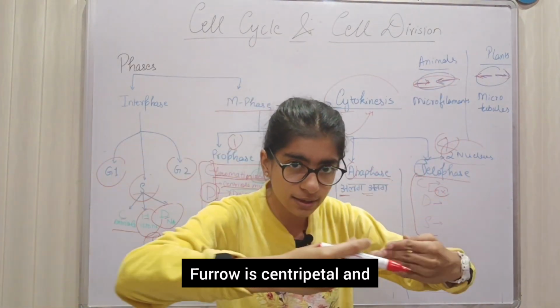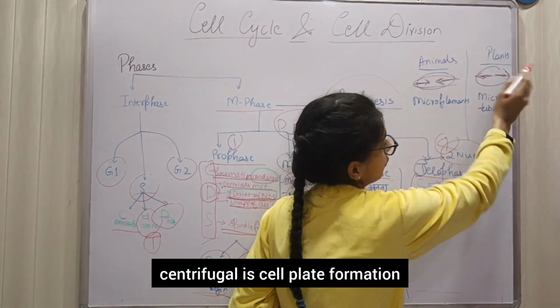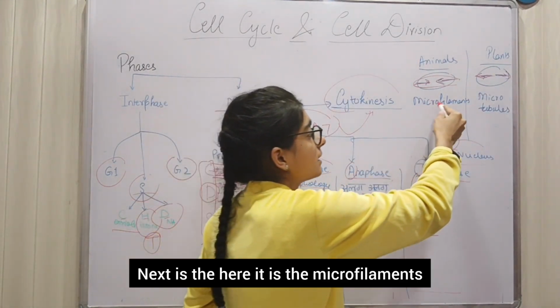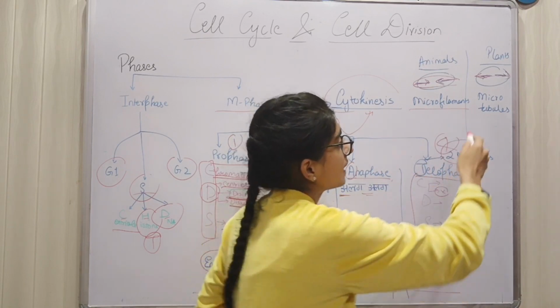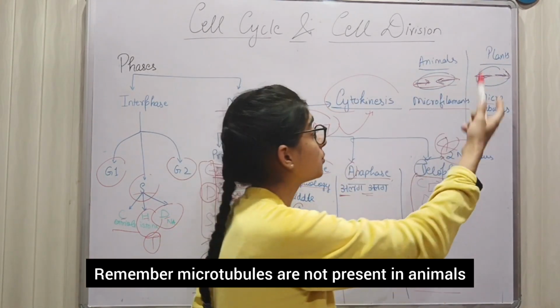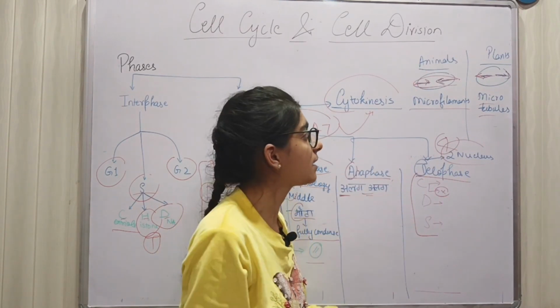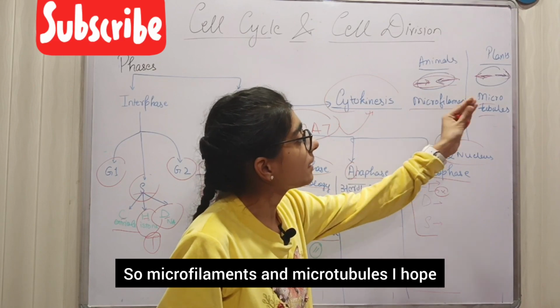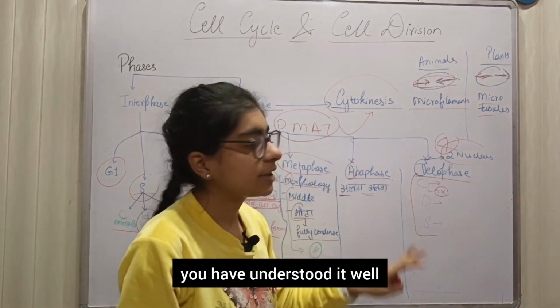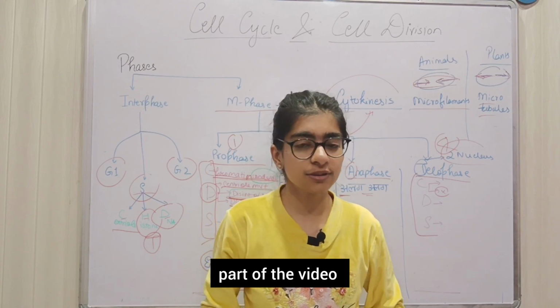Furrow is centripetal and centrifugal is cell plate formation. Next, here it is the microfilaments, and in plants we have microtubules. Remember, microtubules are not present in animals. So then how will they participate now? So microfilaments and microtubules. I hope you have understood it well. Now let's move on to meiosis in the second part of the video.